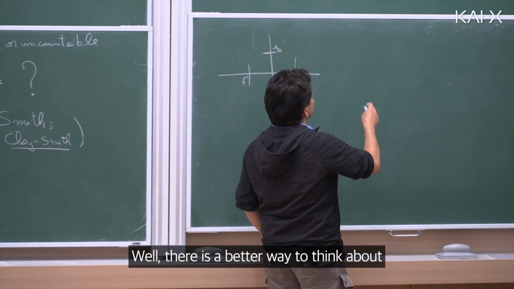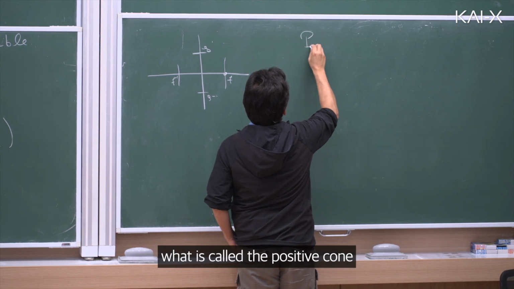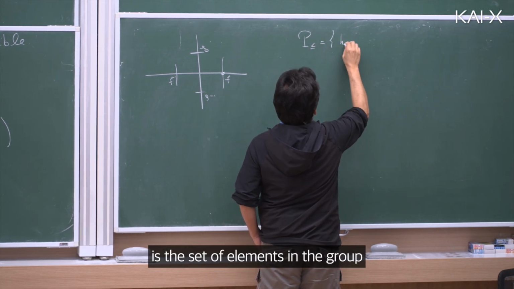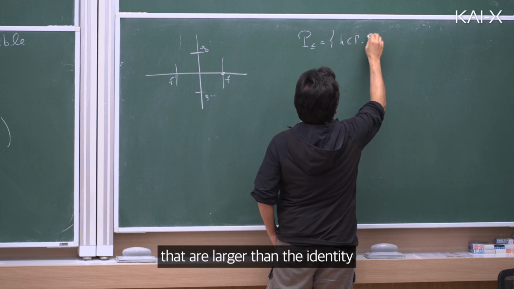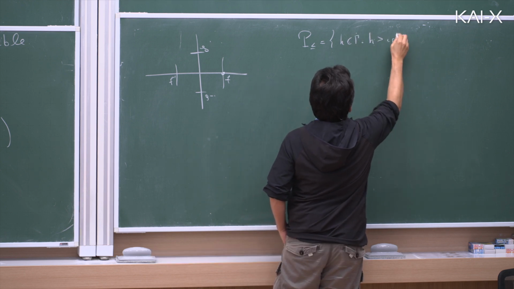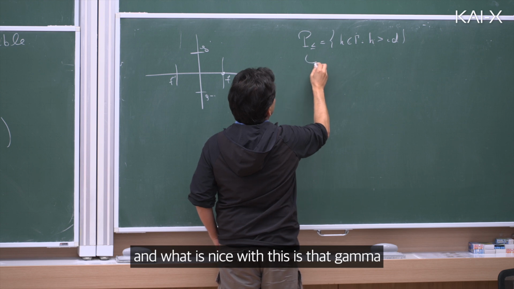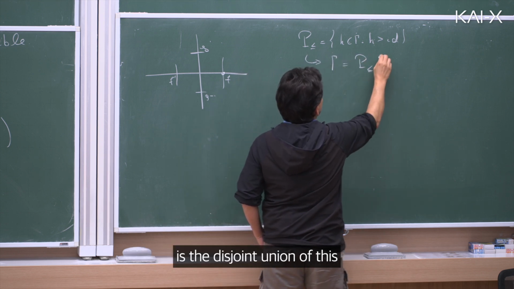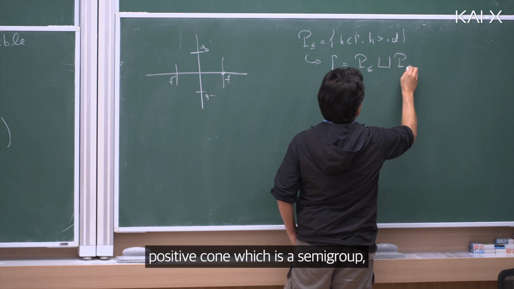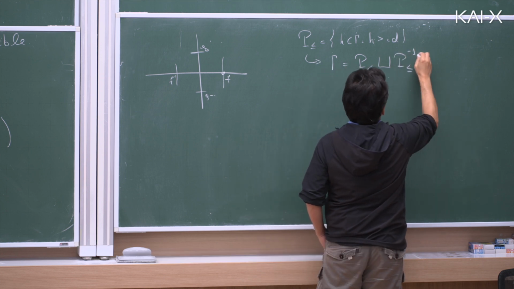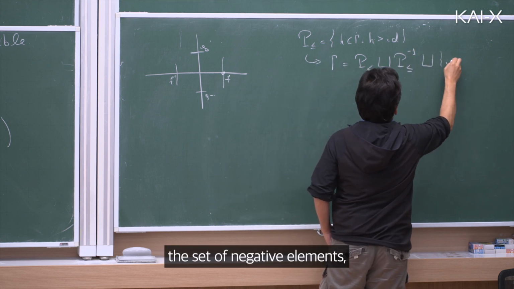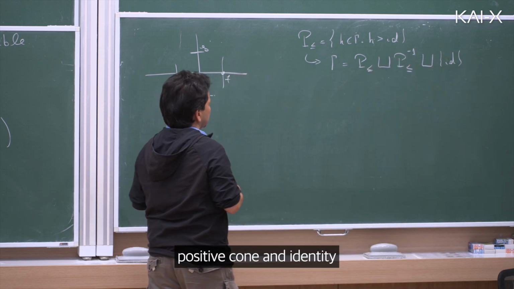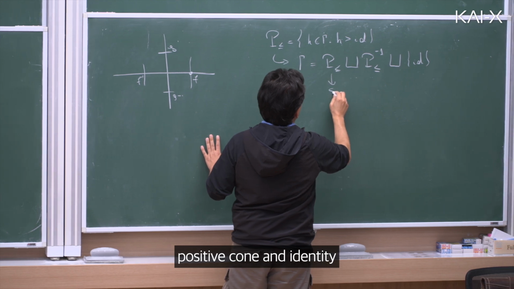Better way is to think about what is called the positive cone. The positive cone of a left order is the set of elements in the group that are larger than the identity. And what is nice with this is that gamma is the disjoint union of this positive cone, which is a semi-group, the set of negative elements, the inverses of elements in this positive cone, and the identity.